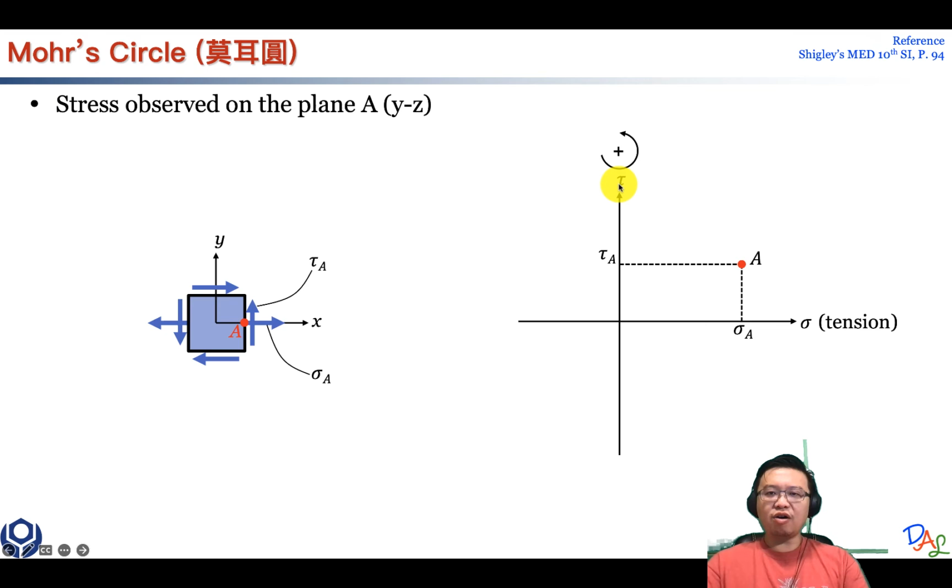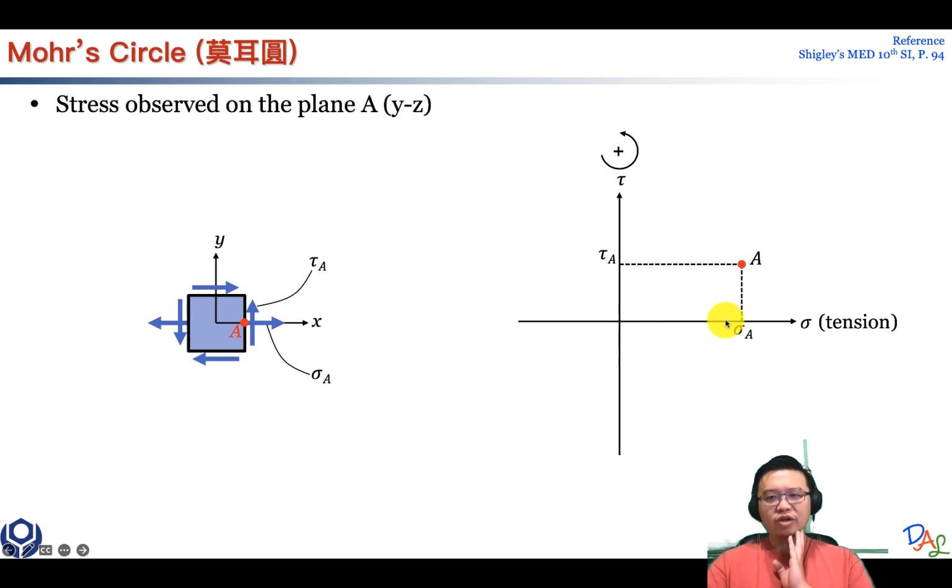Positive tau represents counterclockwise shearing stress. So here we have a counterclockwise shearing stress with a magnitude of tau A. So right at point A, the material is under two stresses, sigma A and tau A. They both have positive magnitude. So you should be able to get a point right here.